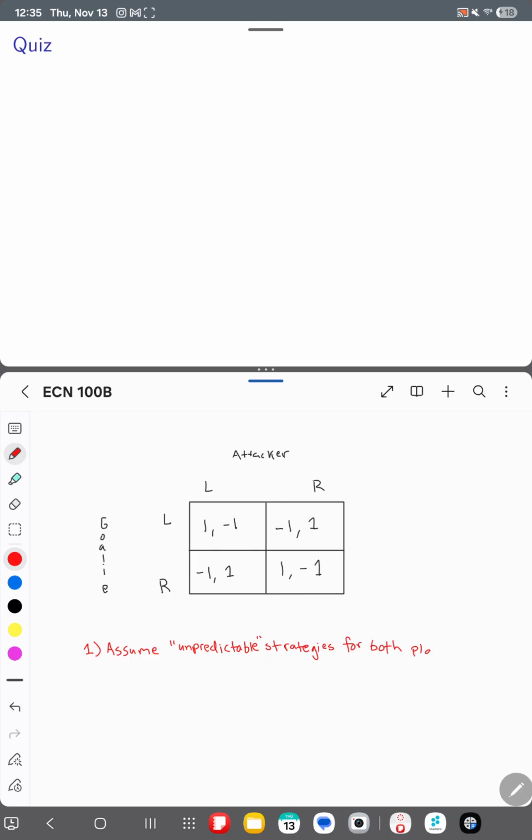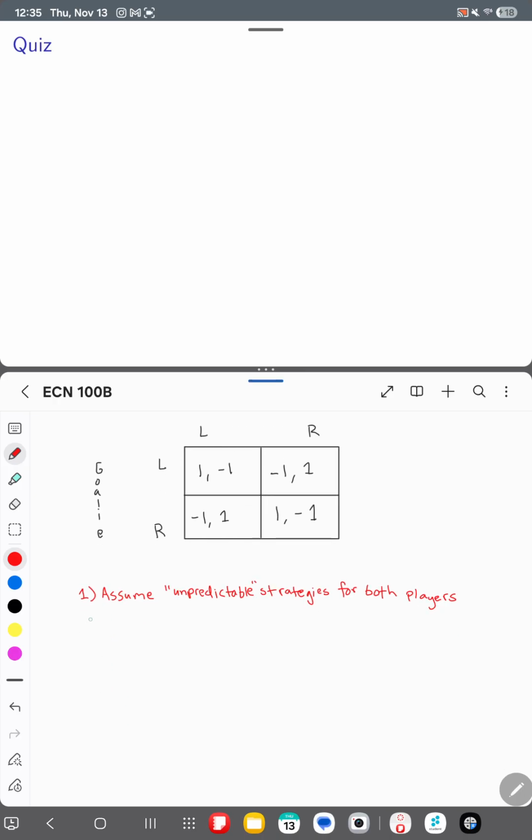What does unpredictable mean? It means that sometimes a goalie is going to dive left and sometimes they're going to dive right. And we need to write that down in mathematically precise language. And here is how you would do it. You would say that goalie dives left with probability P, the P is a placeholder, and dives right with probability.